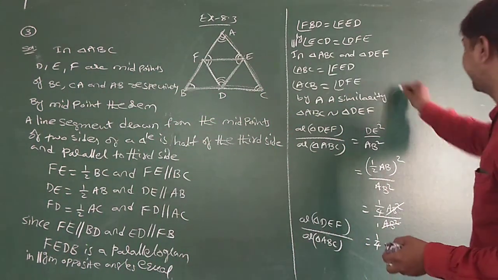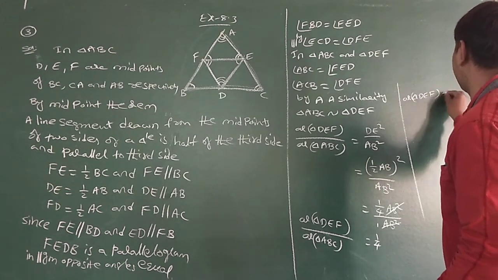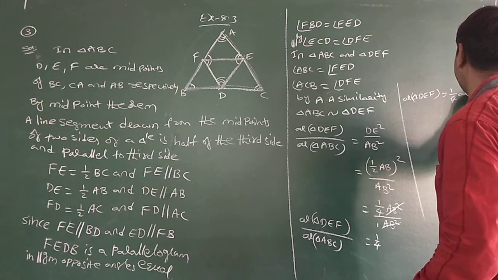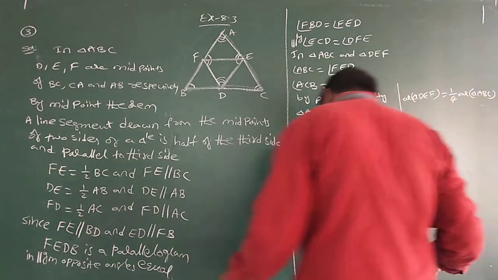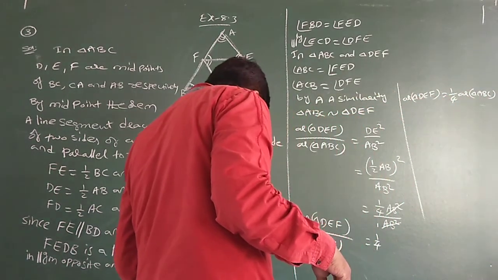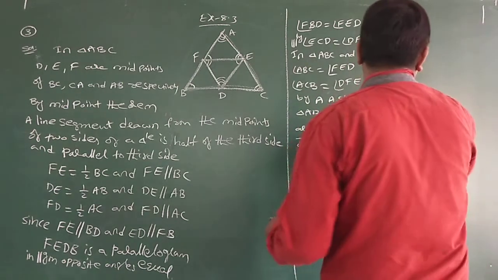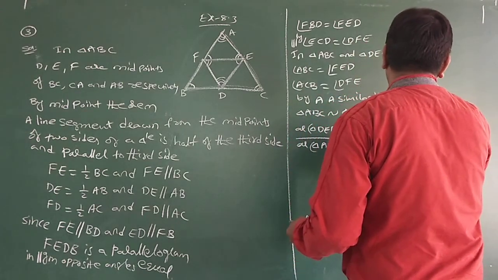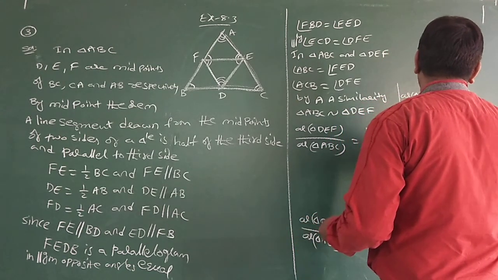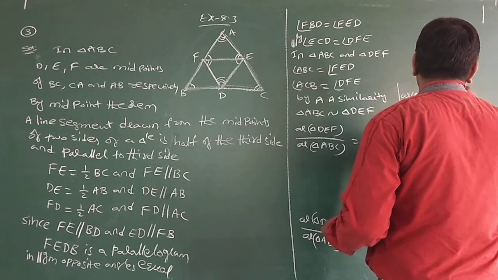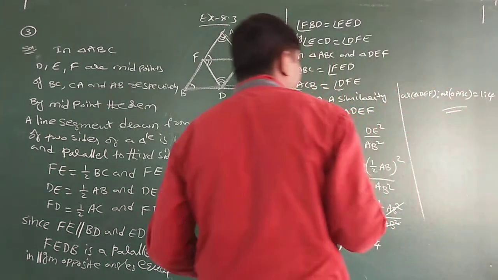By transposing this, area of triangle DEF is equal to 1 by 4 of area of triangle ABC. What they asked is to find the ratio only, no? So, area of triangle DEF is to area of triangle ABC is equal to 1:4. If you take ABC first, you get 4:1.